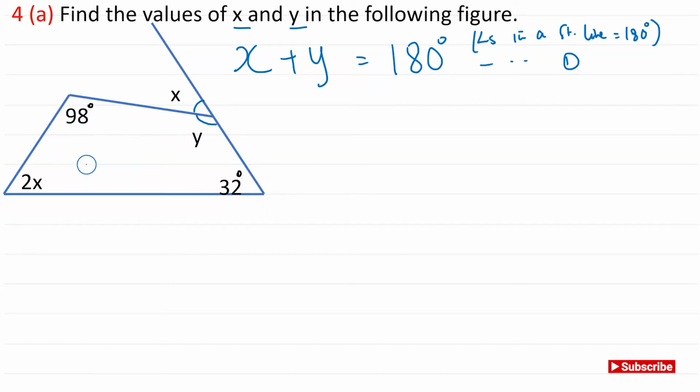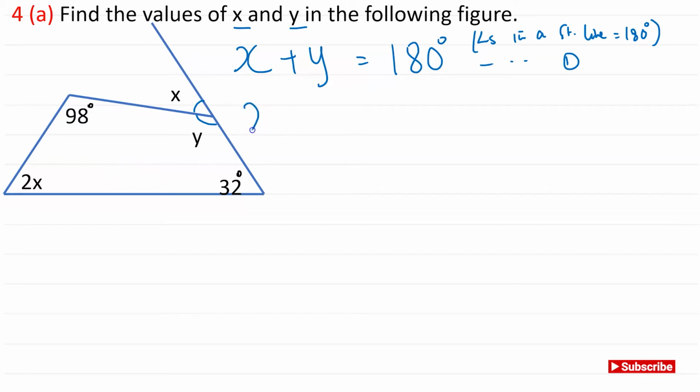And then we have this quadrilateral, the four-sided shape. 2x plus y plus 98 plus 32, if you add all these up, you will get 360 degrees. And the reason for that is interior angles of a quadrilateral add up to 360 degrees. So we're going to form the next equation.